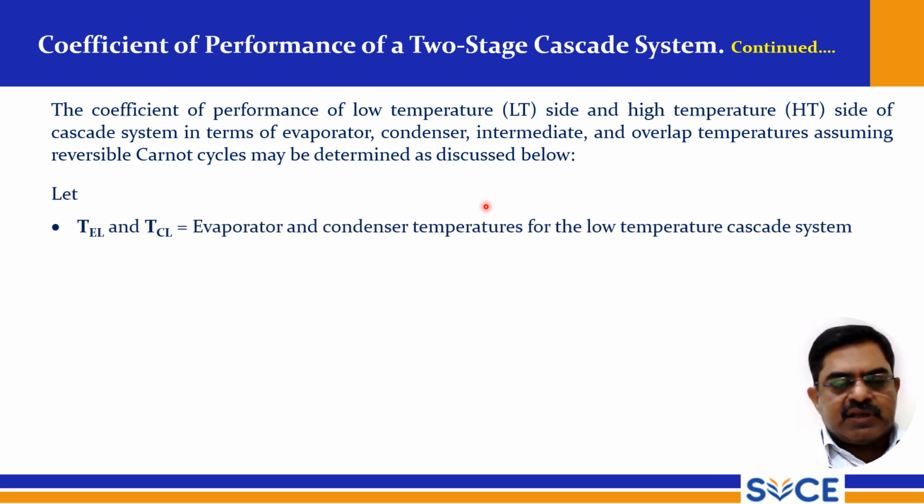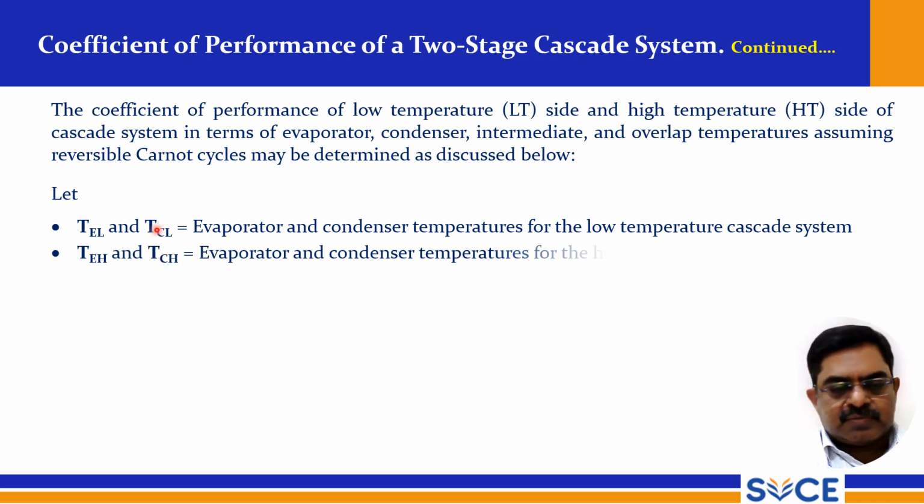Let TEL and TCL be the evaporator and condenser temperatures for the low temperature cascade system, and TEH and TCH the evaporator and condenser temperatures for the high temperature cascade system.